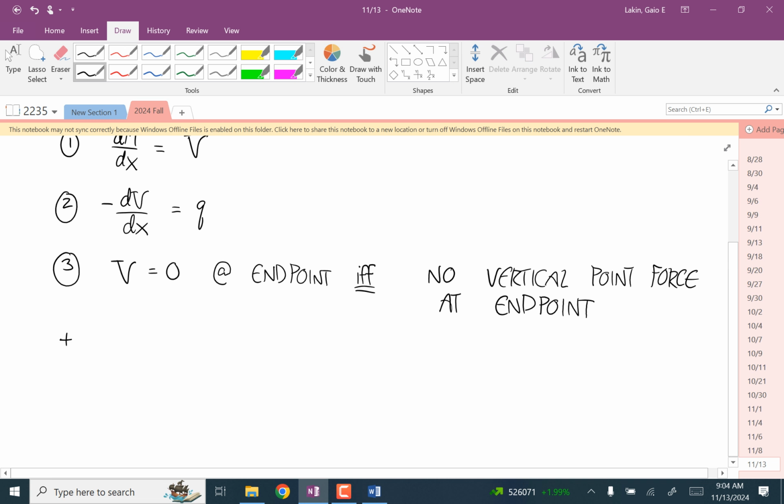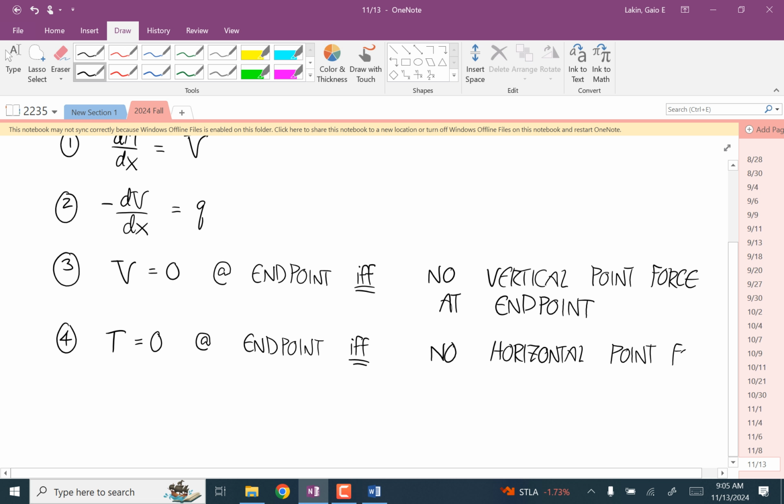The fourth one, 3, 4, and 5 are all sort of similar. The second one is tension is equal to 0 at an endpoint, if and only if. What do you think this condition is going to be? Horizontal. Yes, exactly. No horizontal point force at an endpoint.